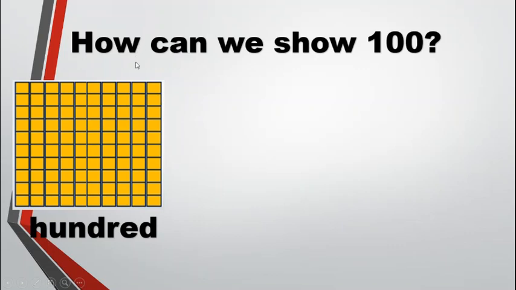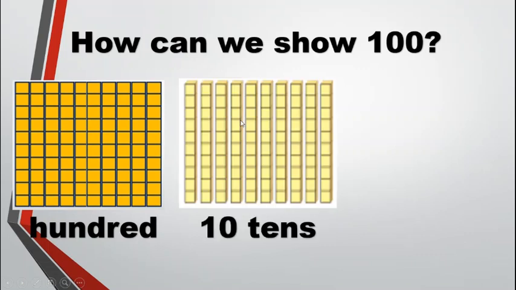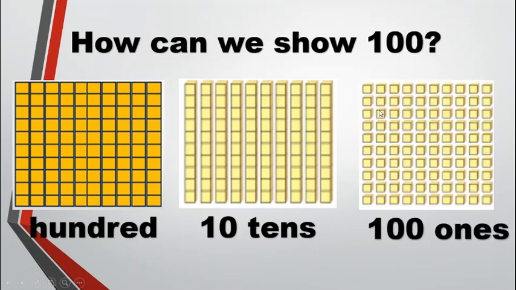If we cut this 100 into a vertical line, we can get 10 tens. If we cut our 10 tens into a horizontal line, we get 100 ones. So these are the various ways of showing hundreds in place value blocks.